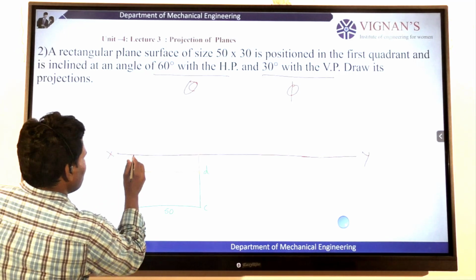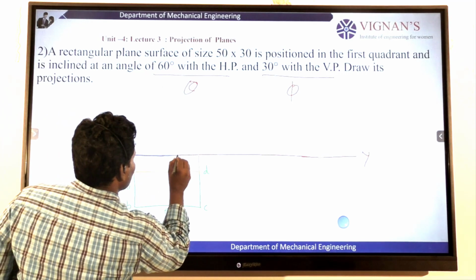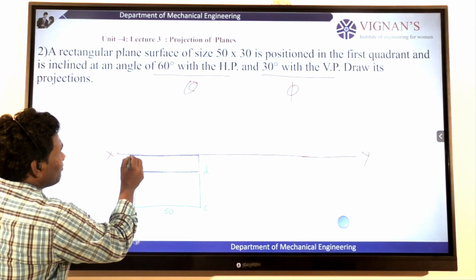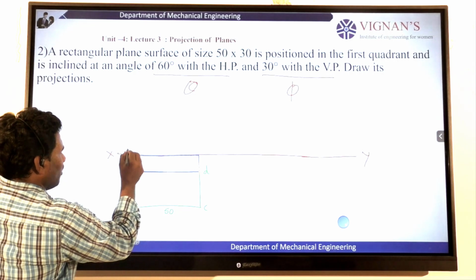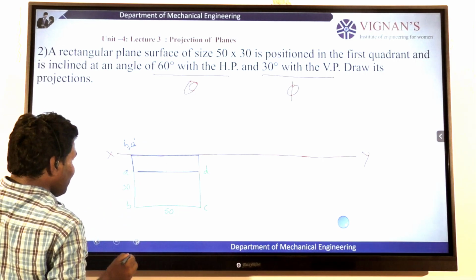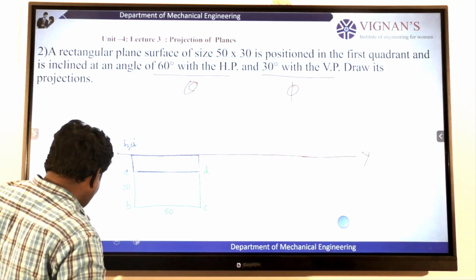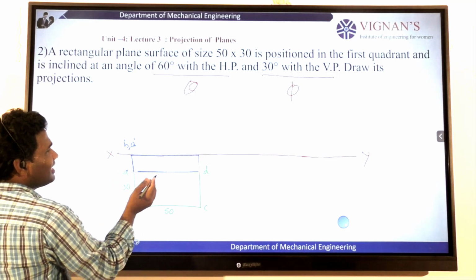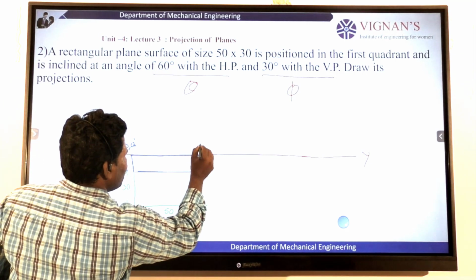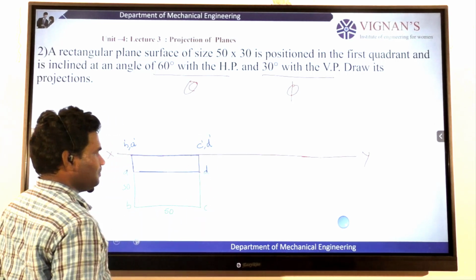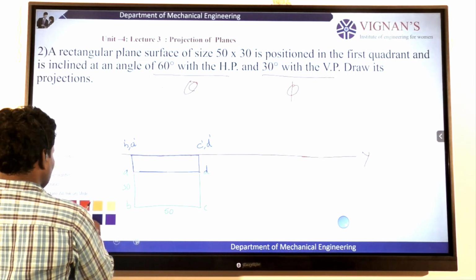We take the front view in blue color. What is the notation of this point? The notation is B dash comma A dash. Why B dash comma A dash? We are observing this point from this direction, therefore B is visible and A is invisible. Like here, C dash D dash.